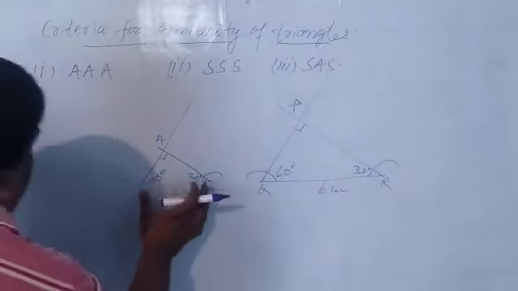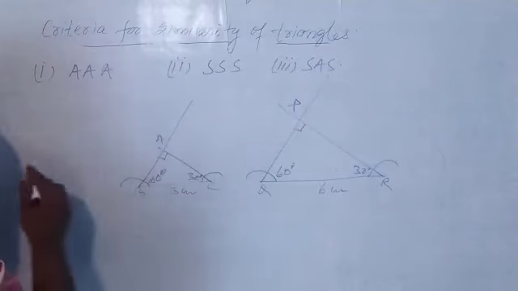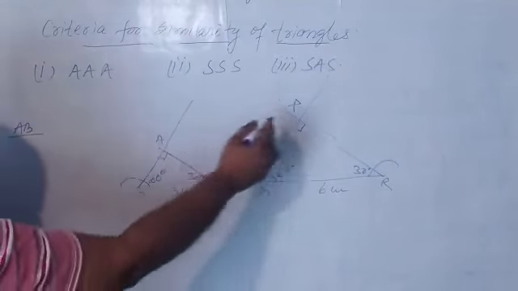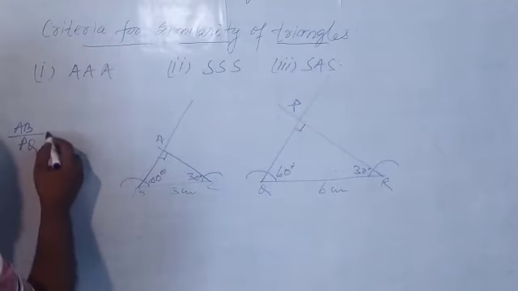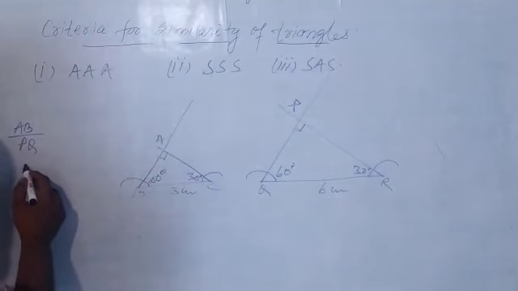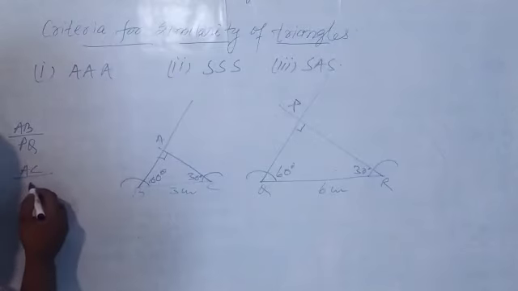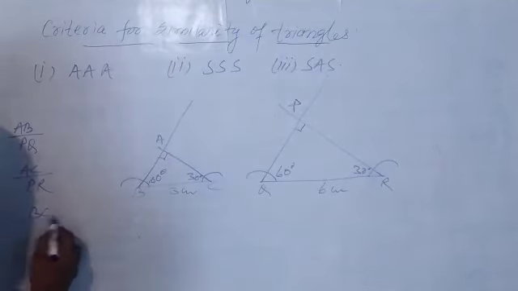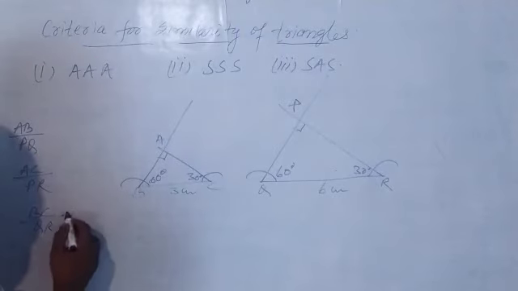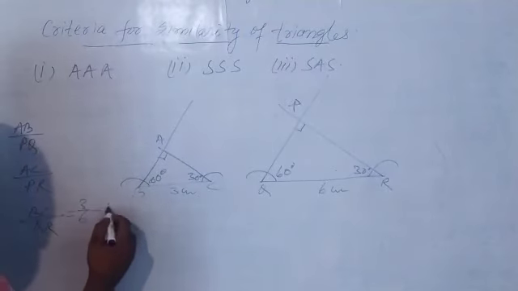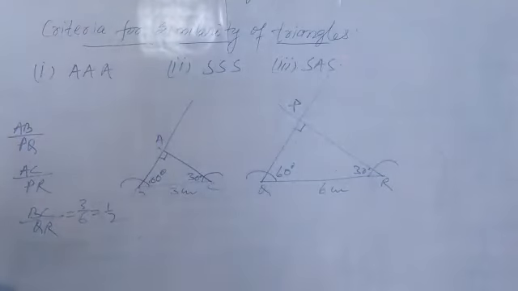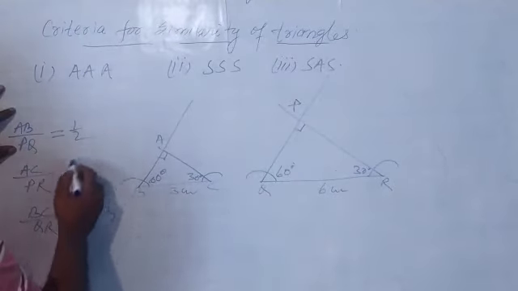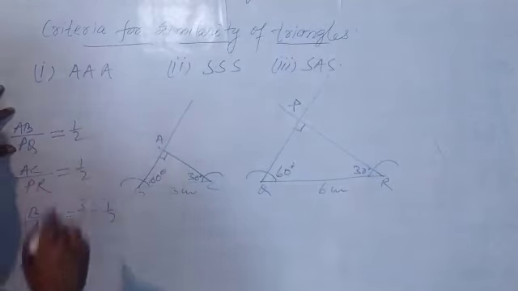So when we measure the length of AB and the length of PQ, the length of AC and the length of PR, the length of BC is given and the length of QR is given, which is 3 by 6, equal to 1 by 2. Then we find that the ratio AB by PQ is also 1 by 2, and AC by PR is also 1 by 2.